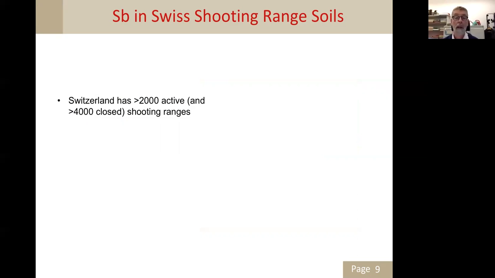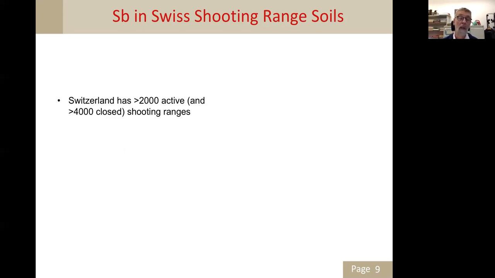In Switzerland, this is an issue because, as you may know, Switzerland has a militia system, and the militiamen are requested, we also have some militia women, but the majority is men, to shoot every year to get practice, so they have to shoot and get a certain number of points. And for that, there are thousands of small shooting ranges all over the country.